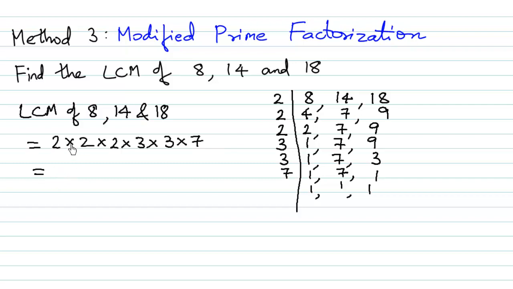So we have 2 2s are 4, 4 2s are 8, then we have 3 3s are 9, and then we have 7. So we know 8 9s is 72, and 72 multiplied by 7. So 2 7s are 14, 1 carry, 7 7s are 49, plus 1 is 50. So 504 is the least common multiple of 8, 14 and 18.